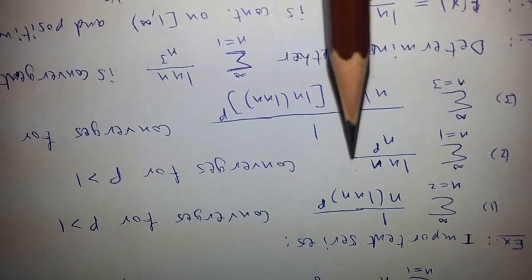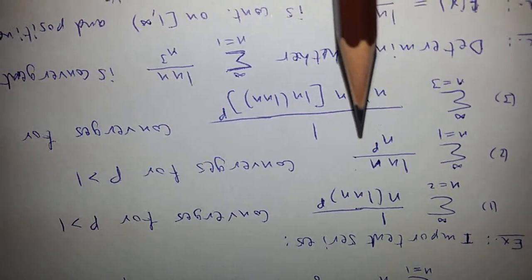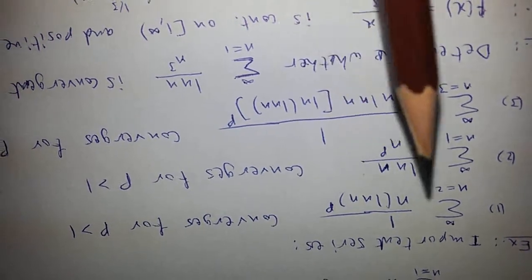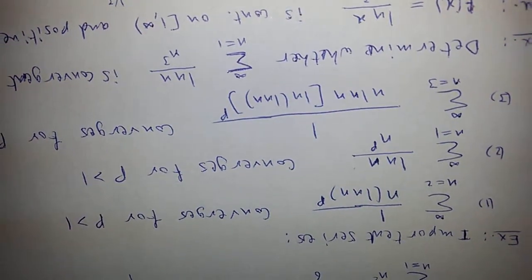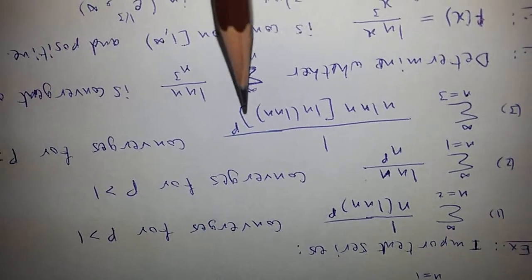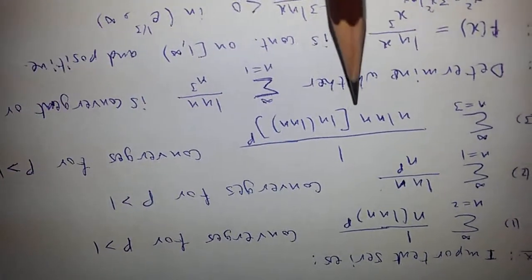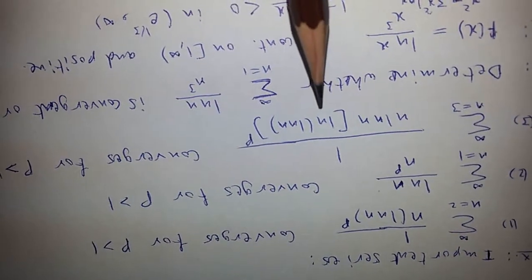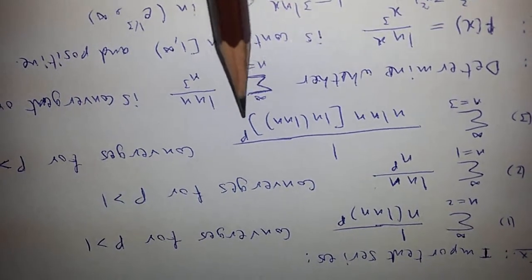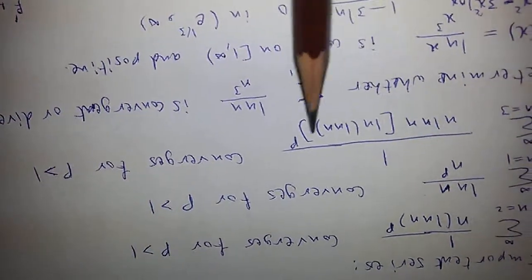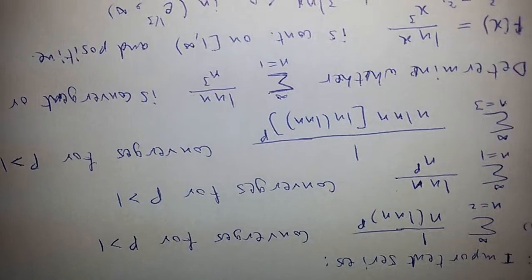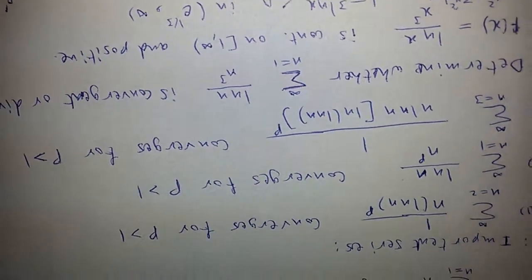Also, if you have ln n in the numerator and n to the power p in the denominator, this series converges when p is greater than 1. This is the third one: you have n ln n times ln n to the power p. Also, this series converges for p greater than 1.